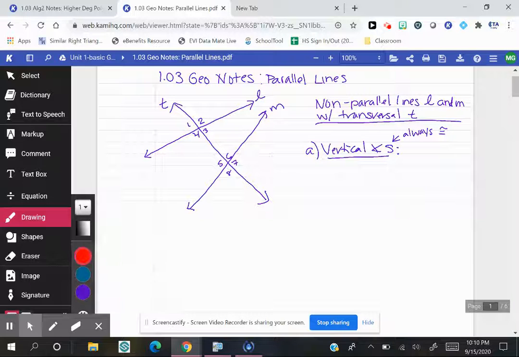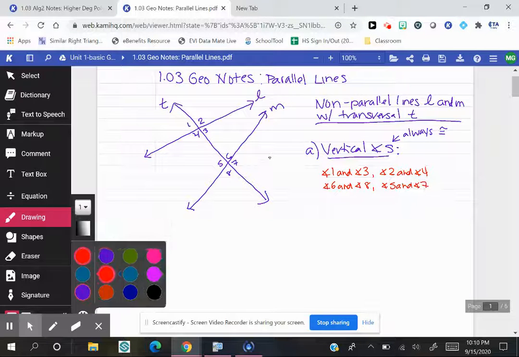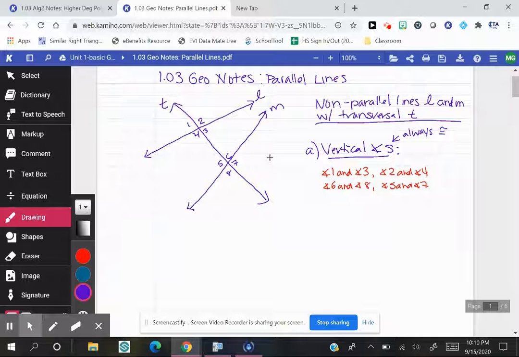So some vertical angles could be angle 1 and angle 3. Angle 2 and angle 4. You'd have angle 6 and angle 8, and angle 5 and angle 7. So those are all your vertical angles, and those would be congruent.